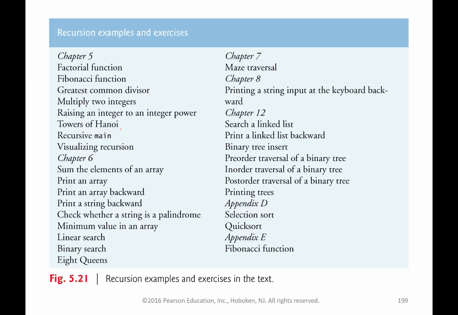Chapter 12, which we won't get into, is linked lists. I talked a little bit about linked lists as an example, and binary trees. Chapter 6 is printing an array and printing backwards, linear search. So there are some examples we'll look at in the next chapter.